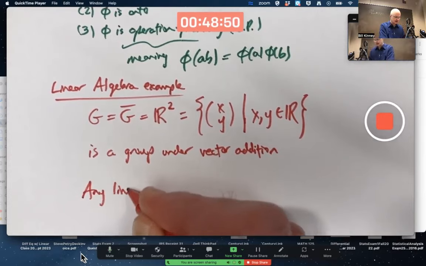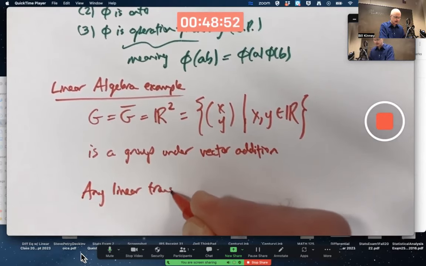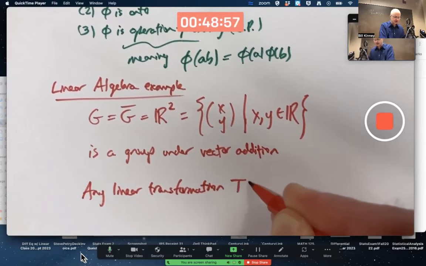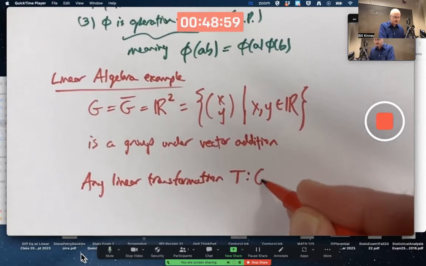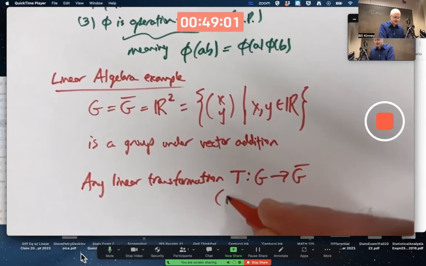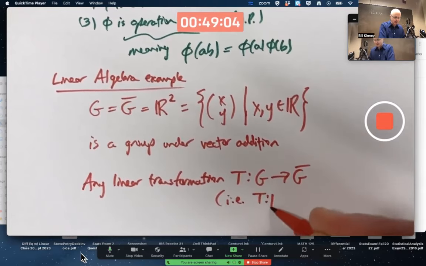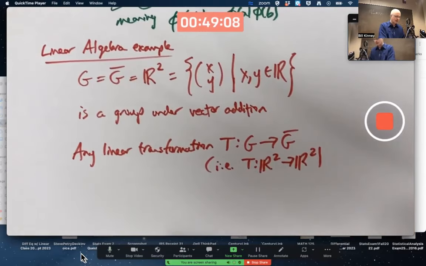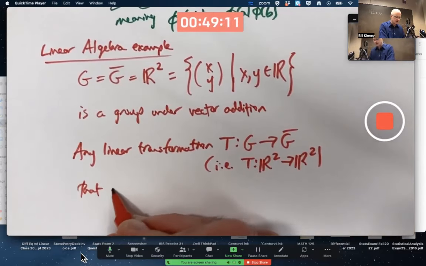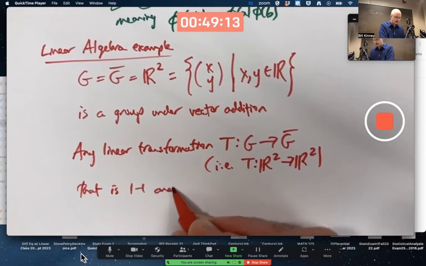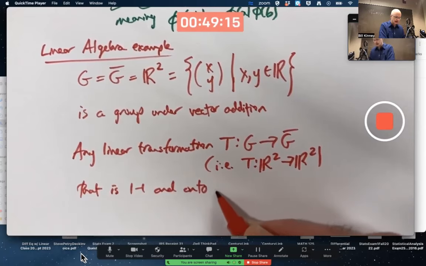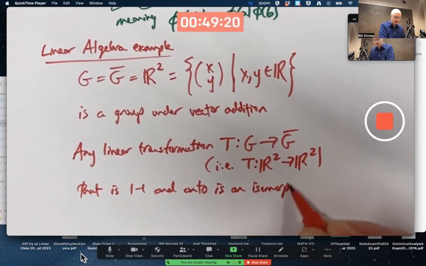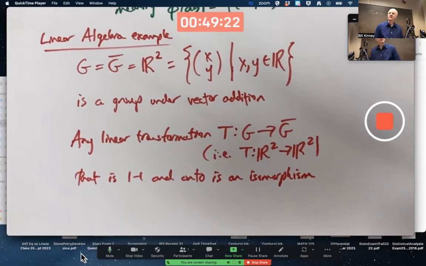Any linear transformation, as you learned in linear algebra, T from G to G bar, which in this case means from R2 to itself, that is 1-to-1 and onto, is a group isomorphism.